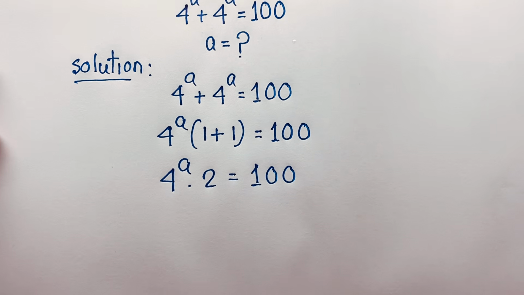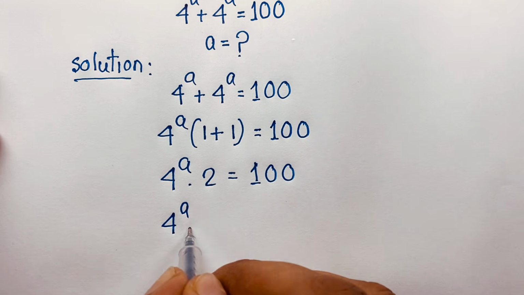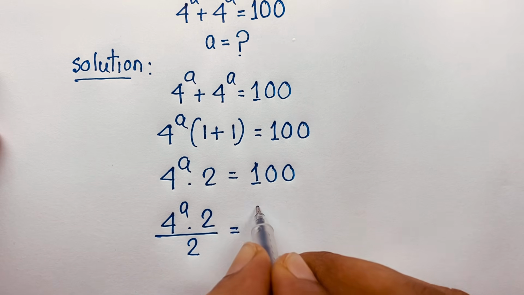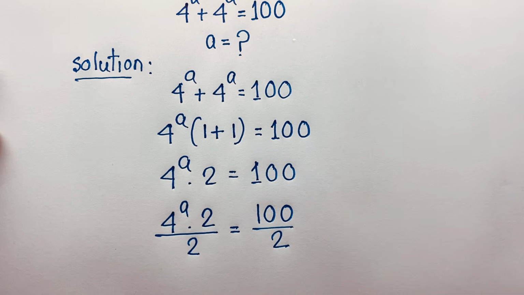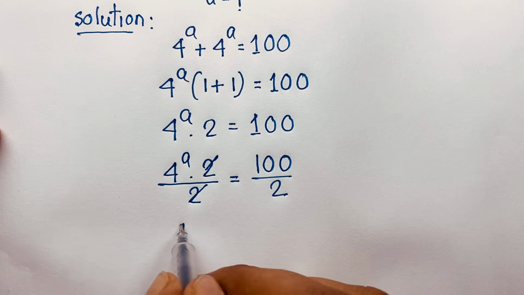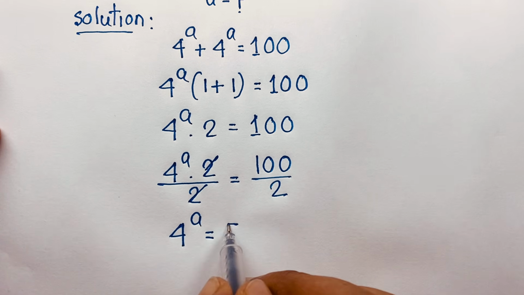Now I divide both sides by 2. So this is 4 to the power a times 2, divided by 2, is equal to 100 divided by 2. At this moment you can say these two cancel. This is 4 to the power a is equal to 100 divided by 2, which is 50.